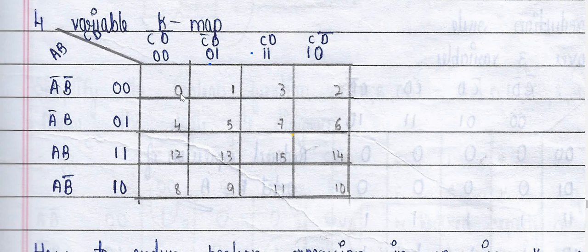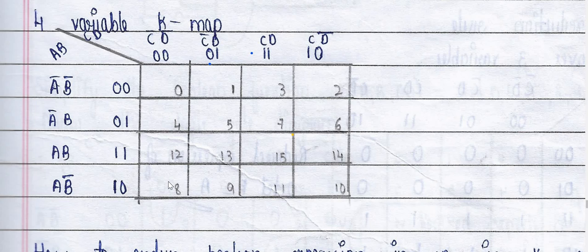You write that 0 at the bottom right corner with pencil in small size. Next 0 0 0 1 is equivalent to 1. Next 0 0 1 1 is equivalent to 3. Next 0 0 1 0 is equivalent to 2.